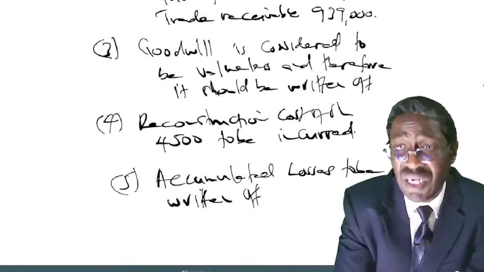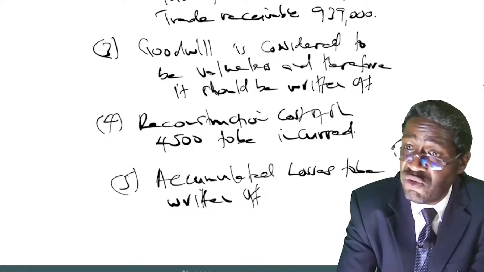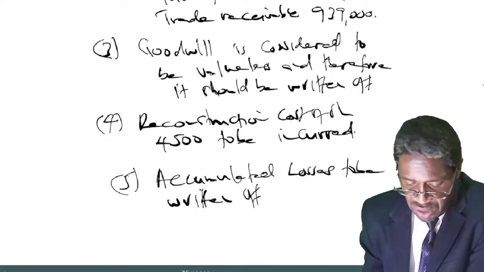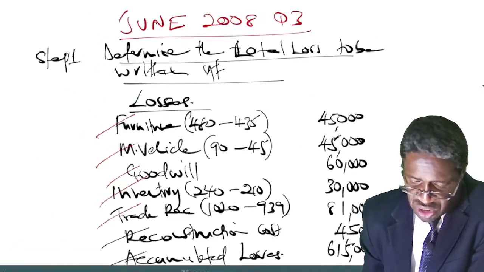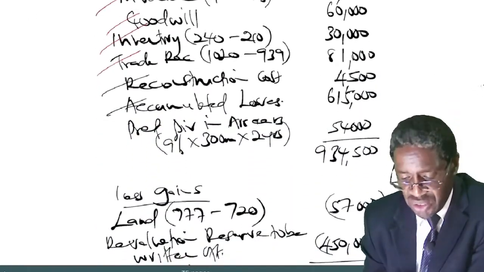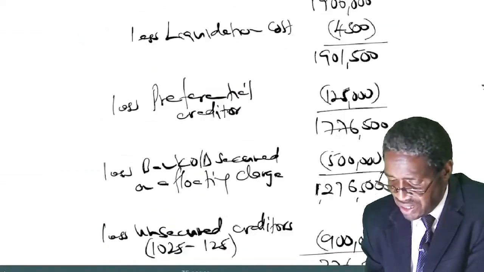Good. Let's go back to the scheme. What else formed part of the loss or even gains? That's what we are trying to look for. After that, I'm going back to step 1. I can see we have talked about accumulated losses. Now I can see preference dividends. So we can say something like this.